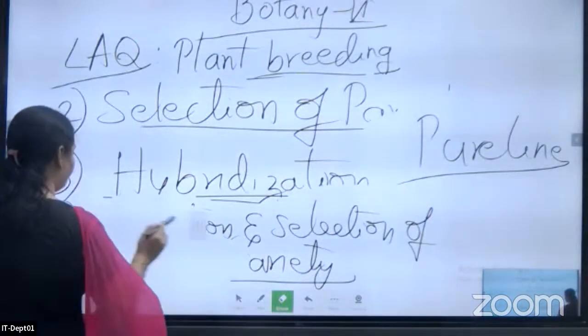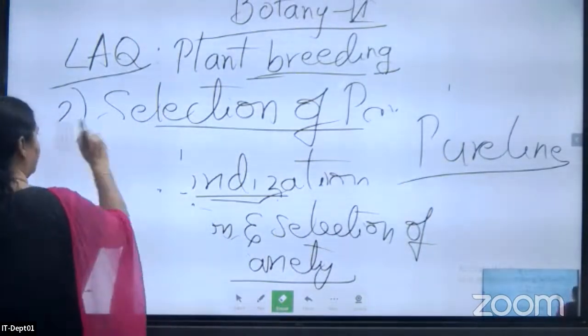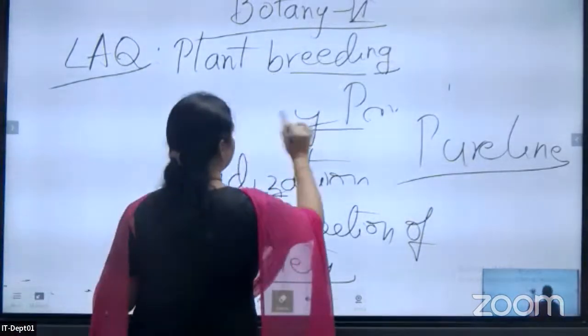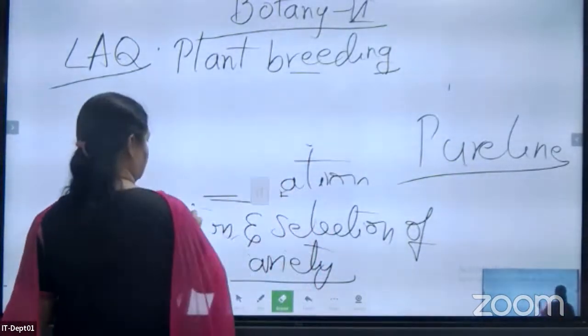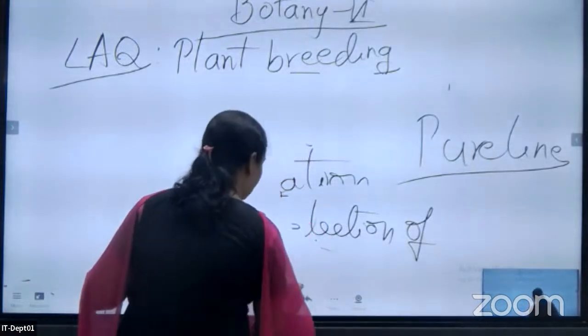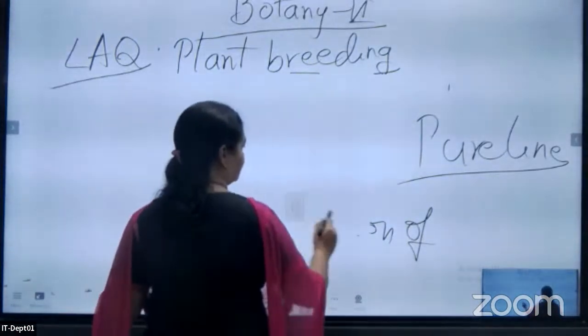And the fifth step is testing and releasing the variety in the outside market.